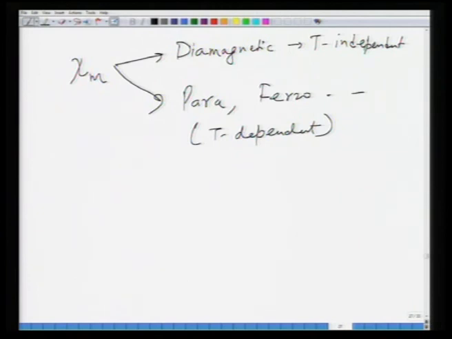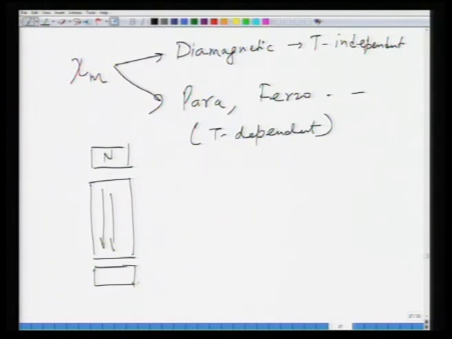So, when you have a magnetic material and you keep it inside a magnetic field, let us say with north and south poles here, and let us say this is the applied field H, you have some induction mu naught H, mu naught M, and this M is smaller. So, there is a little bit of penetration of the field.